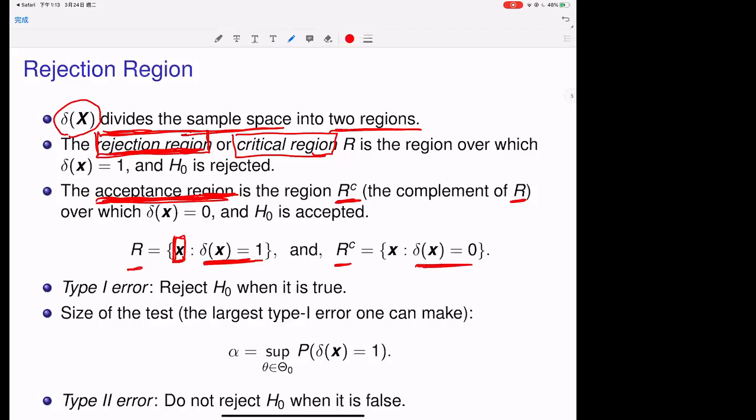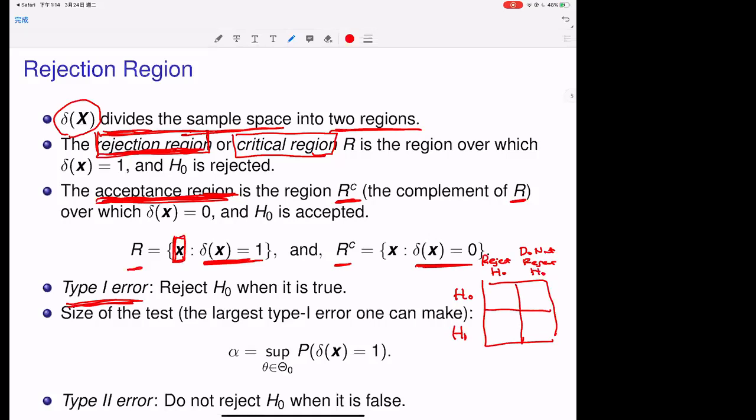Okay, so I think you do know what type 1 error is right here. Basically, I think you drew this kind of cross table before, right? I do have the null hypothesis, I do have H1 right here. This guy is reject the null hypothesis, this guy is do not reject the null hypothesis.